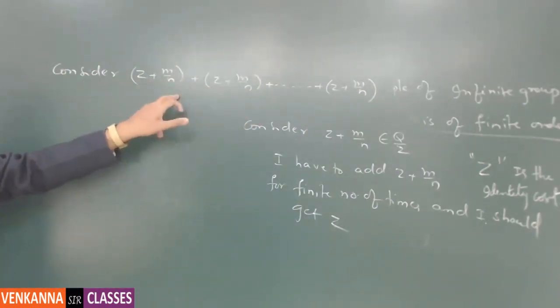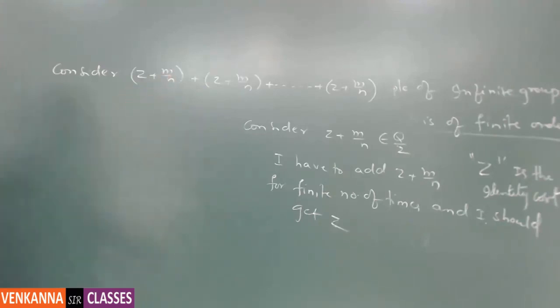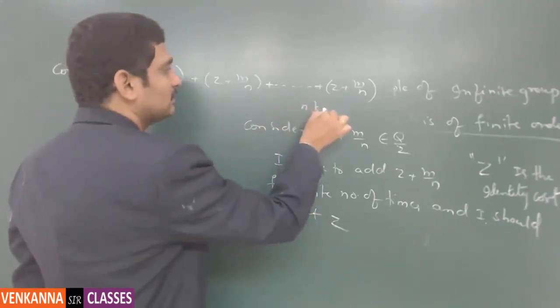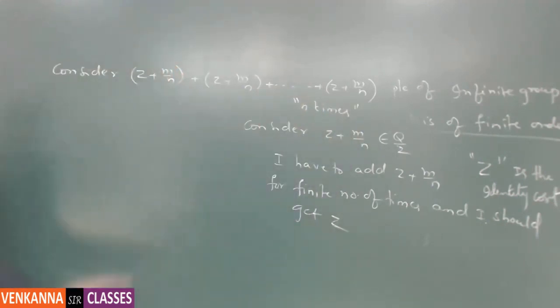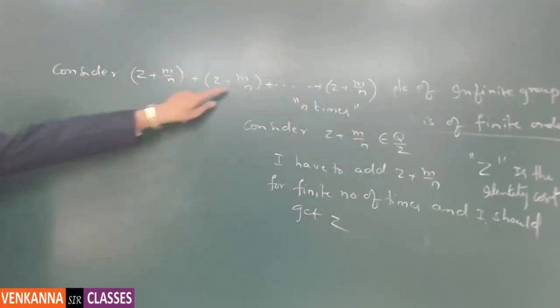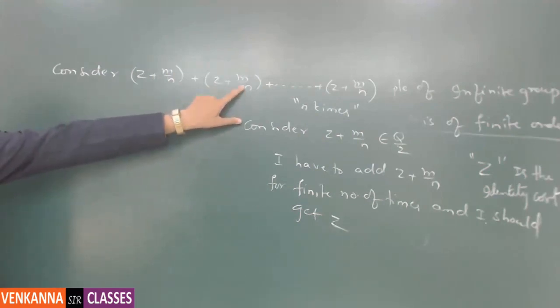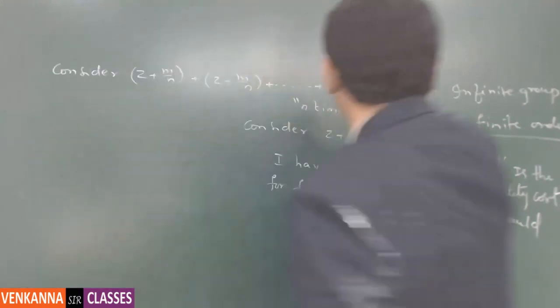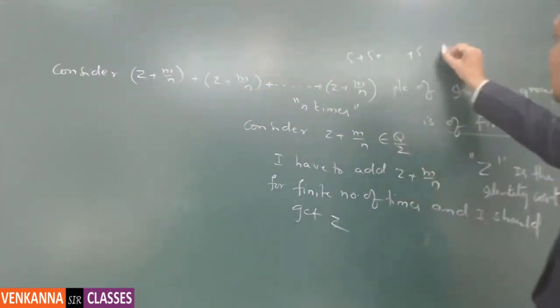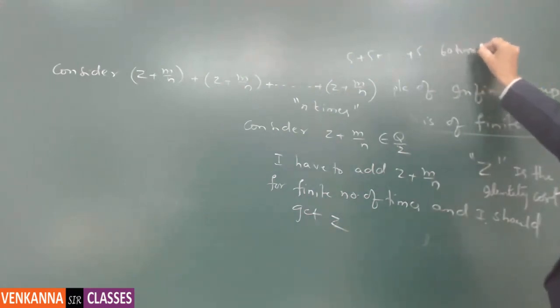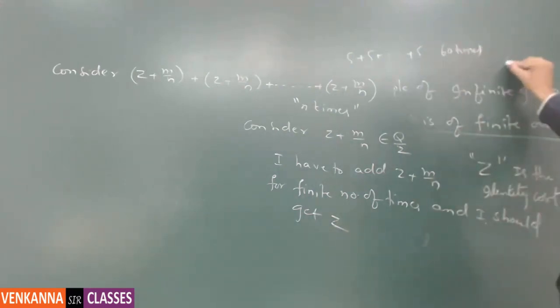So what is the number here? I am adding this for n times. So why am I adding n times? Because in the denominator I got n. So let me say if I take 5 plus 5 plus 5, say 60 times, it is nothing but 60 into 5.